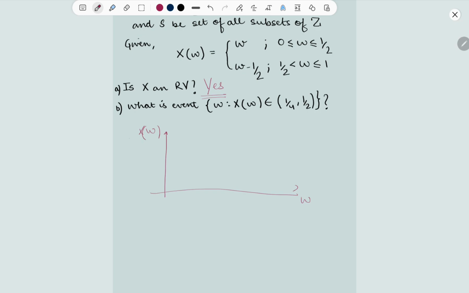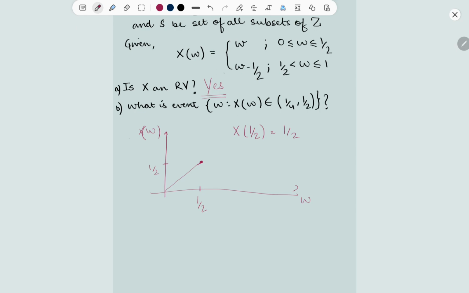From the start, it's just a linear graph till omega equals 1 by 2. So let us suppose it's 1 by 2 here, and this is also 1 by 2. At omega equals 1 by 2 we will get the value 1 by 2, so I have marked a dot here.